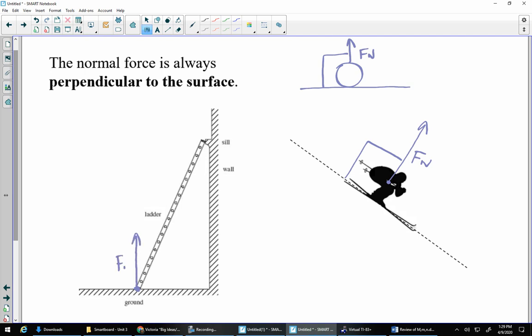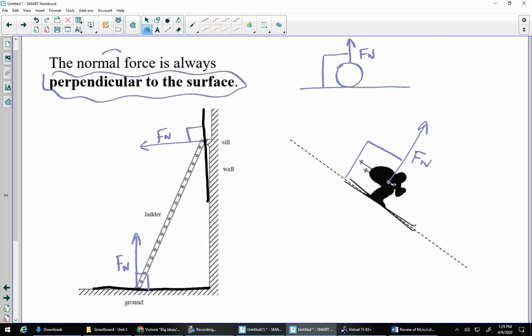So it's got a normal force like this, because we are 90 degrees to the surface being the ground. And on the side, the surface is right here, so my normal force, Fn, is still 90 degrees to the surface. So always perpendicular or 90 degrees to the surface.